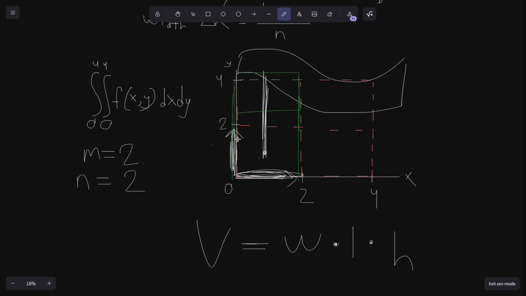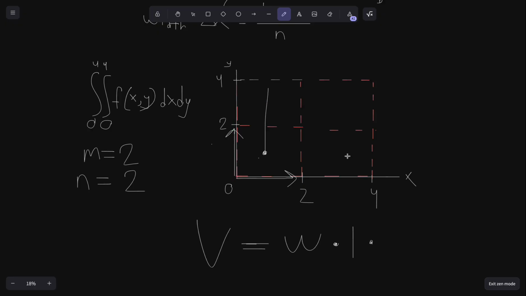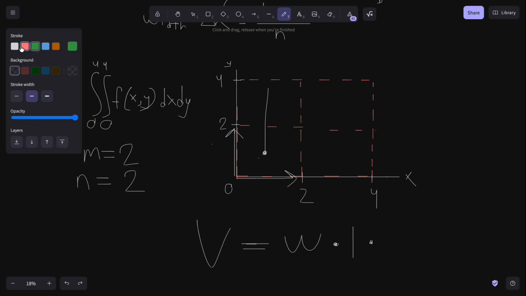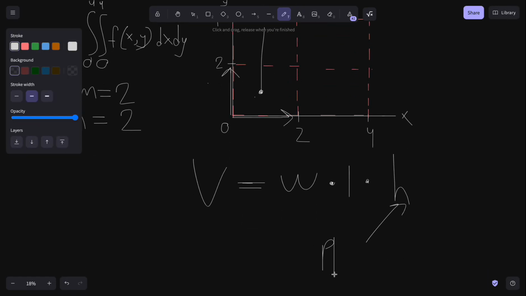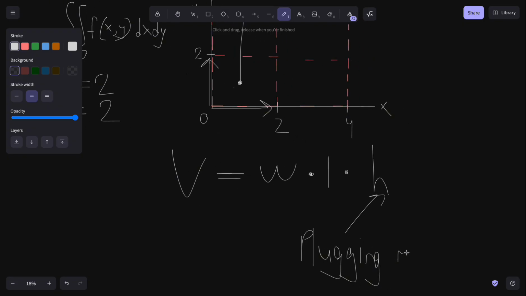And that's going to approximate the volume underneath this surface. So that's essentially the idea behind the midpoint rule. It's important to note that we get the height from plugging the midpoint into the function.